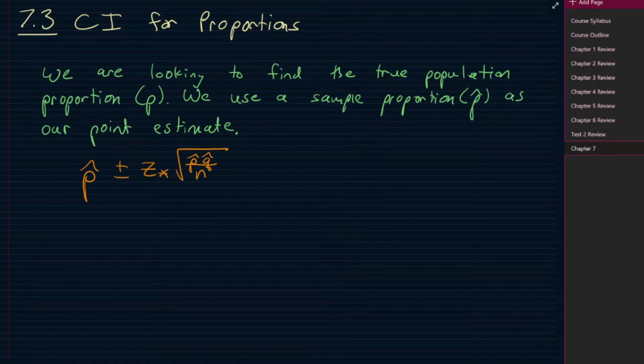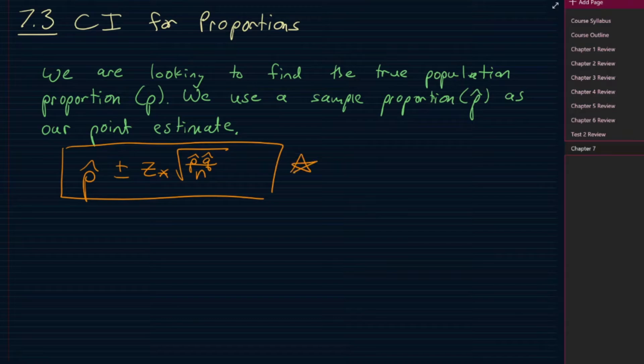Just to make sure to define all this stuff properly, right? P is what we're looking for. That's the population proportion. P hat, that's a sample proportion.